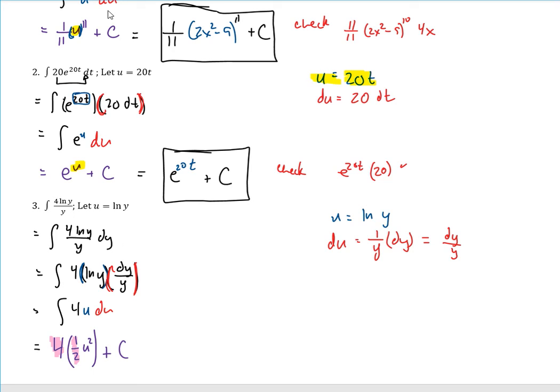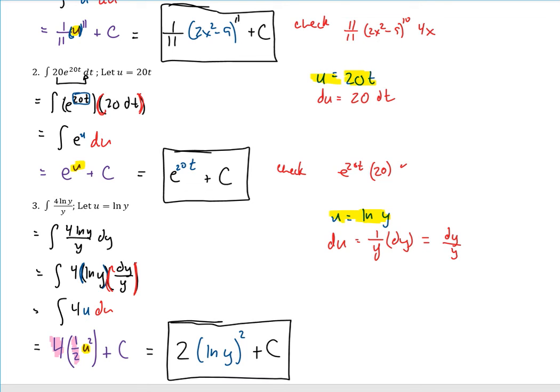That would be just 2. And then let's also now change our u back to the original variable expression that we had at the beginning. So it should be the natural log of y getting squared like that. And then plus our constant c at the end.